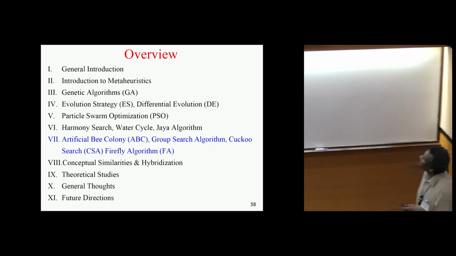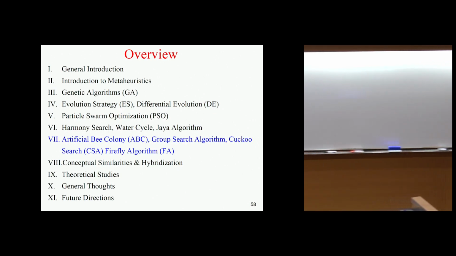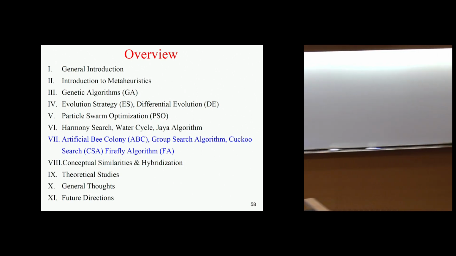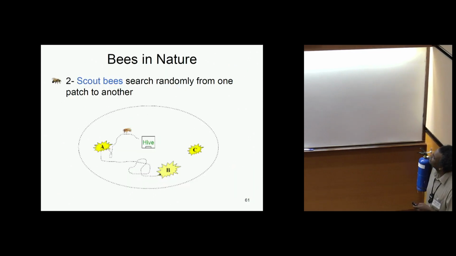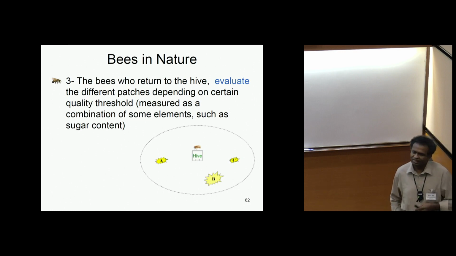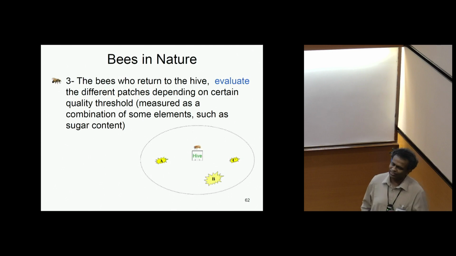Then you have ABC, group search, cuckoo search, firefly and so on. Maybe I allow you to look at all these things yourself leisurely. ABC is about nectars. Then you have the scout bee, worker bee, queen bee and all those categories. Then how they convey the information, waggle dancing or something like that.